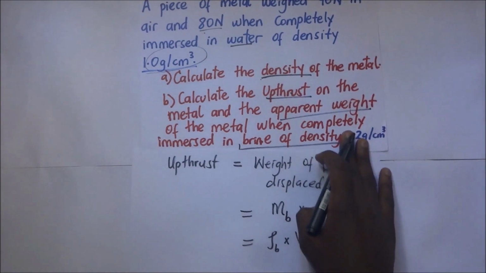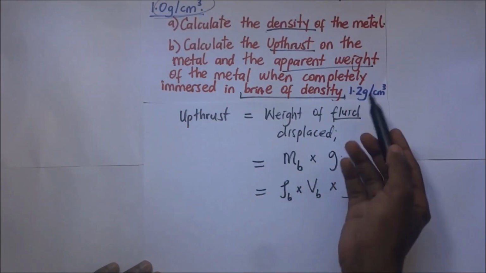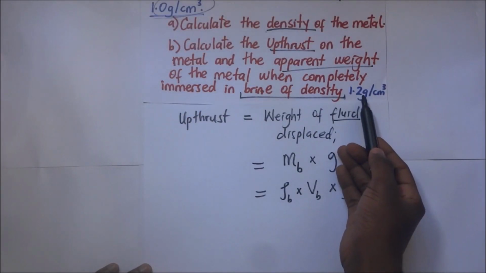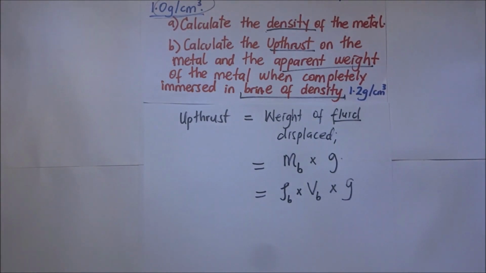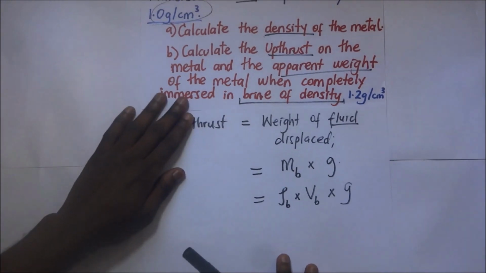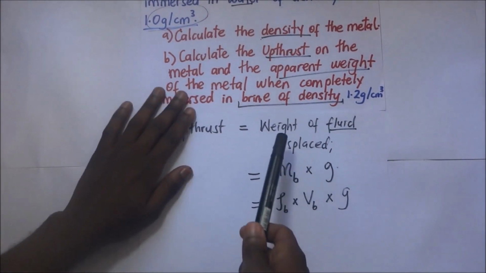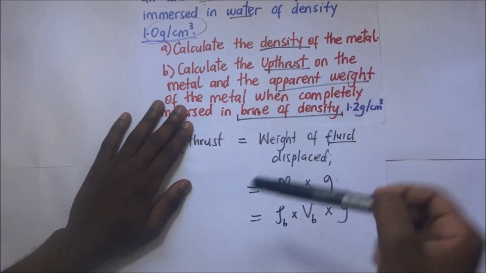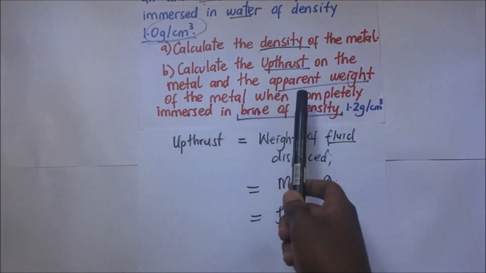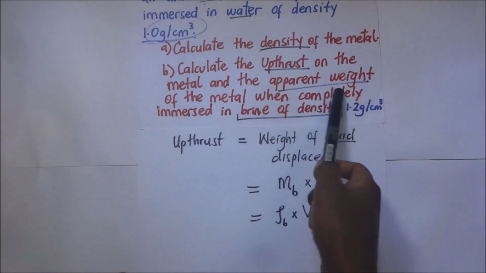From there, we know the density of brine is given in the question as 1.2 grams per centimeter cubed. Now the volume of brine is not given in the question, but we know that the metal we are talking about was dipped in brine, and the question says that it was completely immersed.